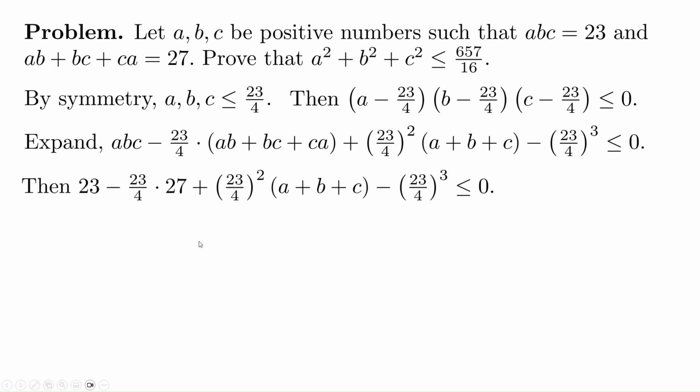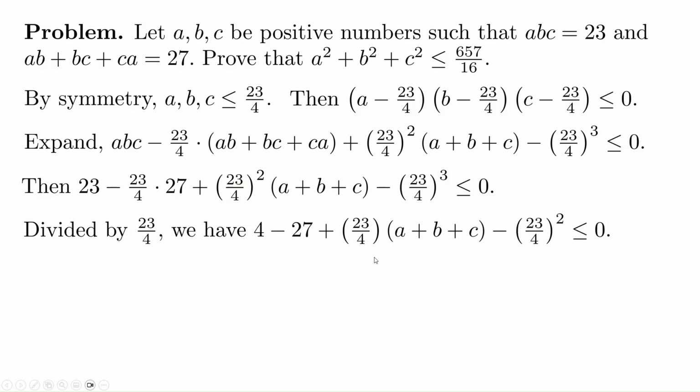We got this inequality. Look, all the terms contain 23 as a factor, which can be simplified. 4 minus 27 equals negative 23. We have 23 here, 23 here.